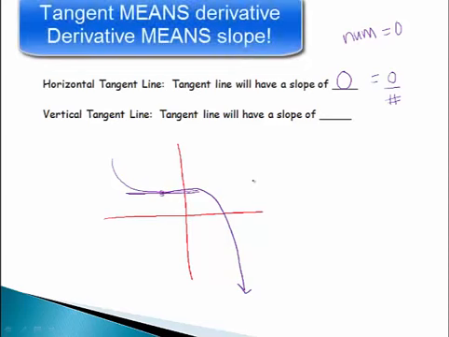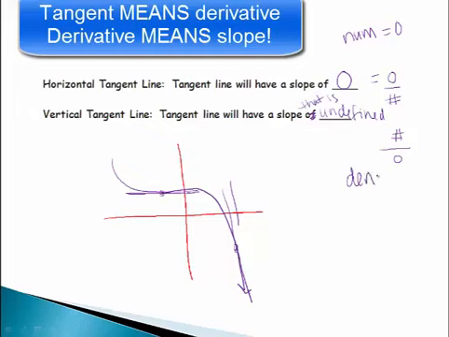Vertical tangent lines will have a slope that's undefined. And in order to get an undefined slope, I would have some number here, and I would have 0 here. So your denominator is going to equal 0.